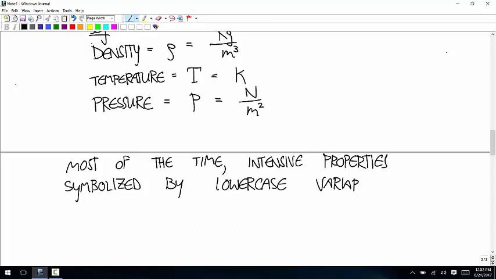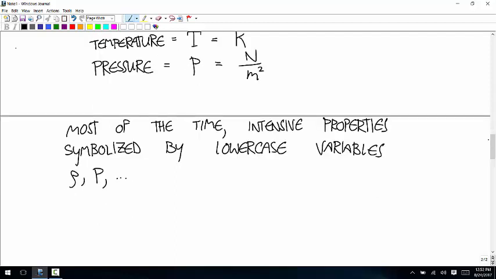Lowercase rho, lowercase p is pressure. And I'll give you a longer list of them in a few minutes.